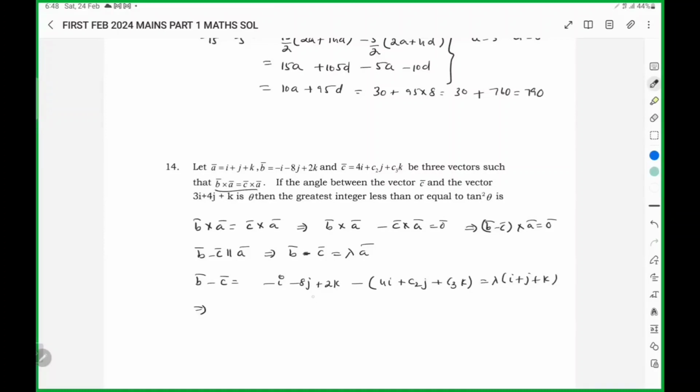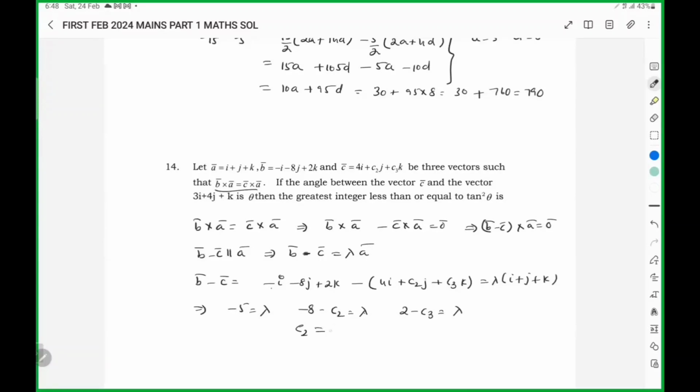So comparing I coefficients, minus 5I which is lambda. Comparing J coefficients, minus 8 minus C2 is lambda. Comparing K, I get lambda is minus 5.